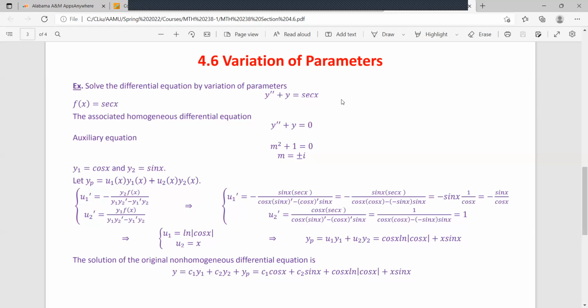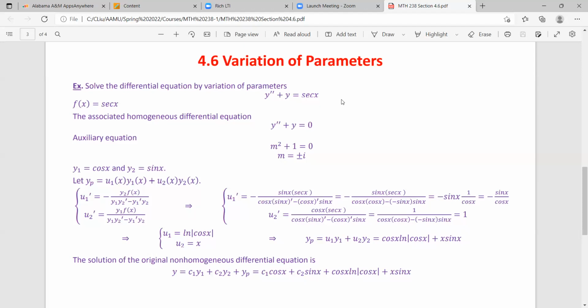So it turns out the undetermined coefficients method will not work. Remember, we have to have those forms of functions to use undetermined coefficients. They have to be either polynomial or exponential functions or cosine or sine functions or combinations and products of those functions.